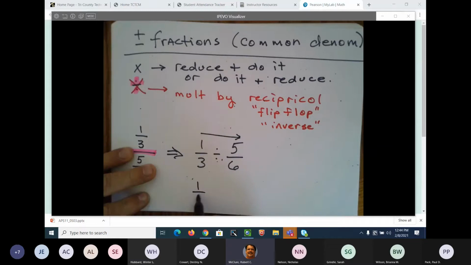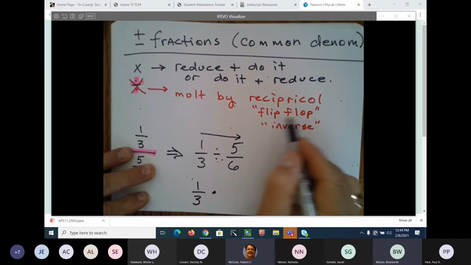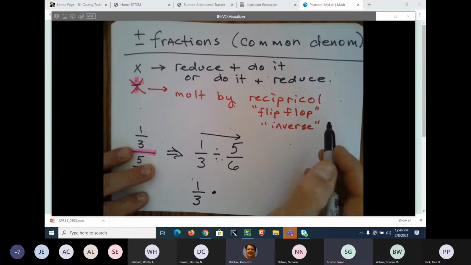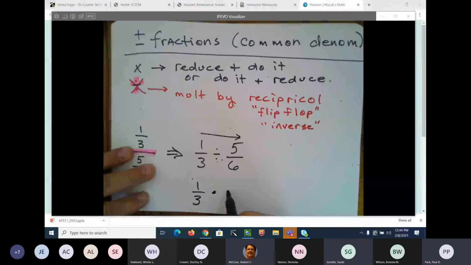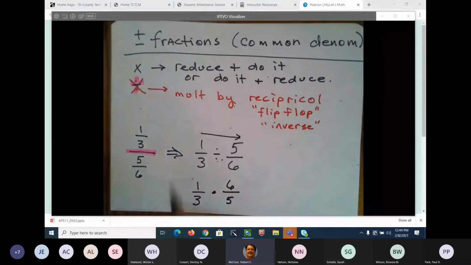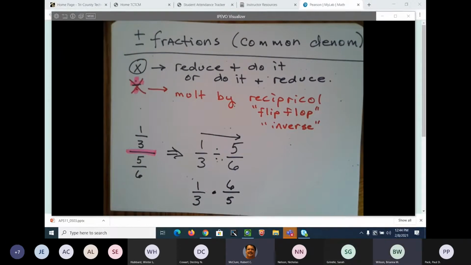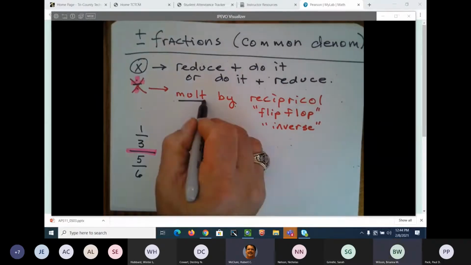And then what does flip-flop mean? It means turn it upside down. You put the bottom on top and the top on the bottom. There you go. And now you have a multiplication problem. And now I'm going to show you multiplication because technically that's all you have to do with fractions, multiply. Because there is no division, because you multiply by the reciprocal.